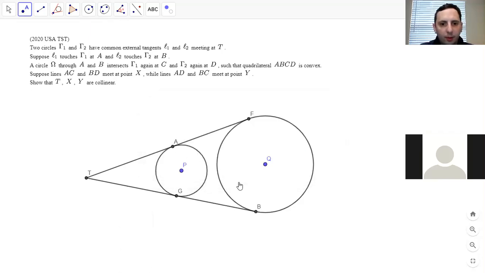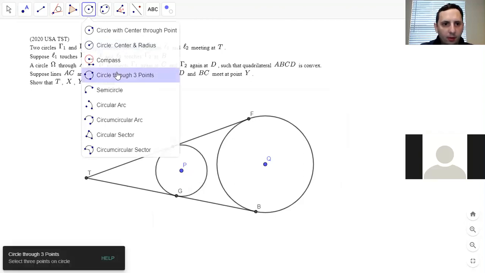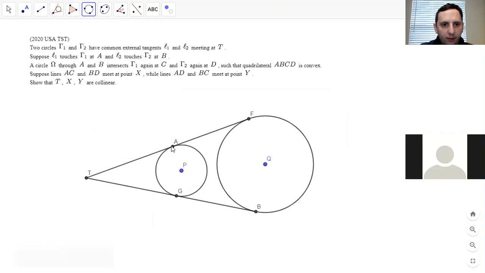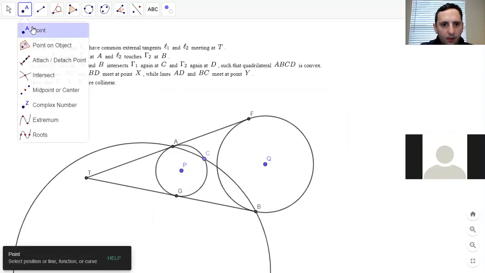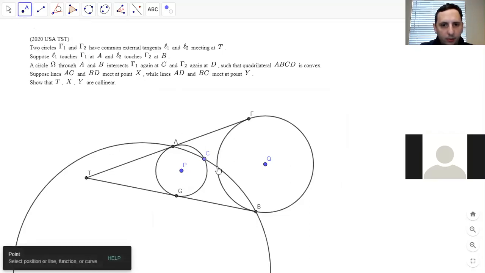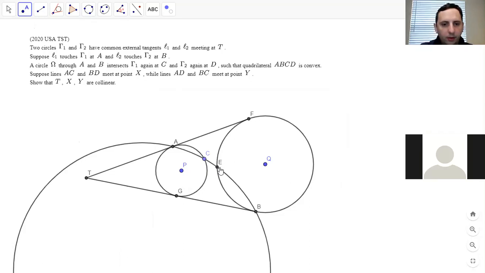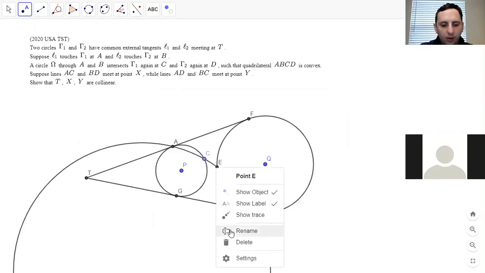So we have a circle that passes through A and B. It could be any circle, and it intersects this circle again at C and the other circle again at D. And here's where it gets interesting. I don't know where D went.